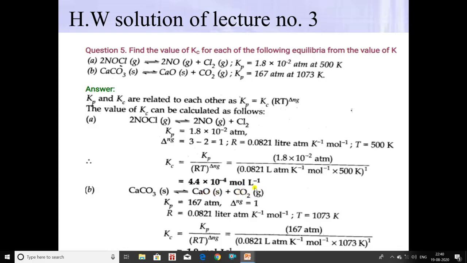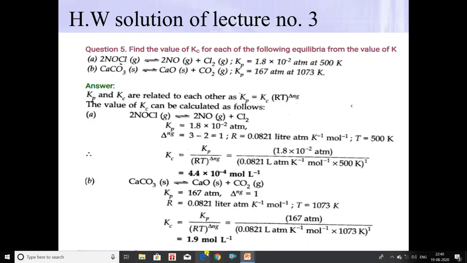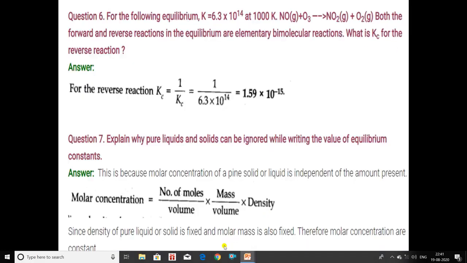So here the number of moles of product is equal to 1 and the reactant number of moles is equal to 0, because this is also in solid state. So here delta Ng is 1 minus 0 is equal to 1, okay, and you will put the value in the formula and you will find the answer. So the answer is 1.9 mole per liter.